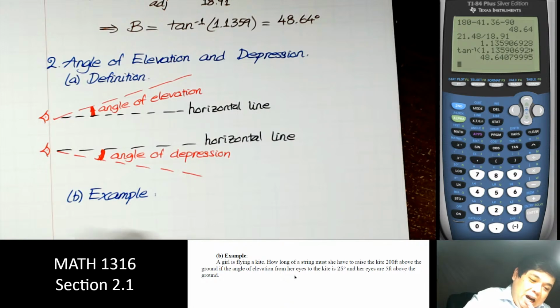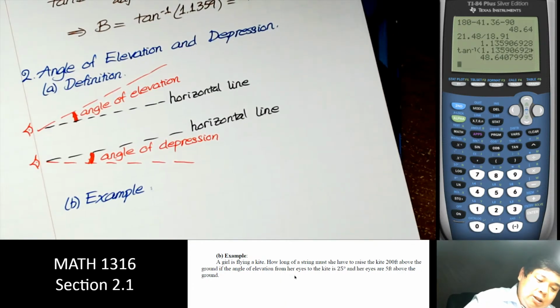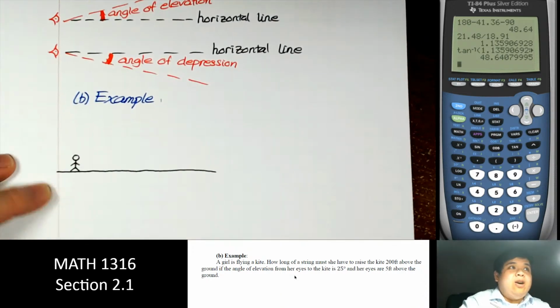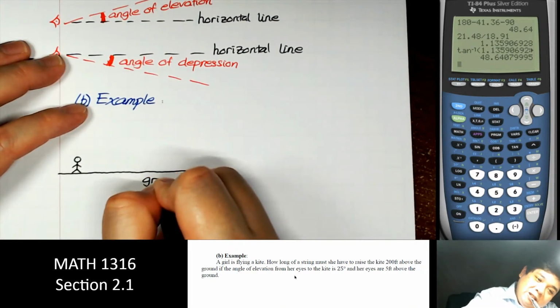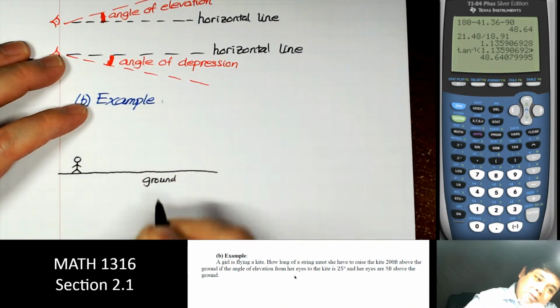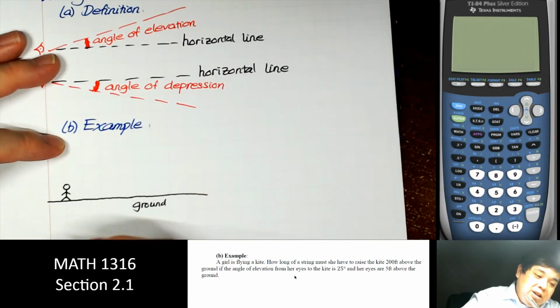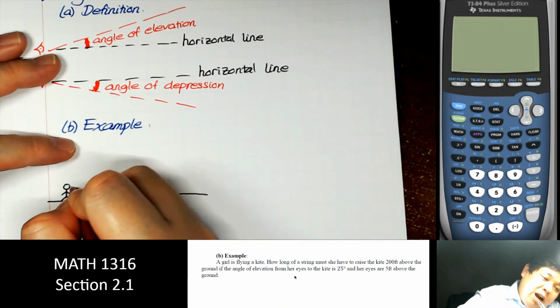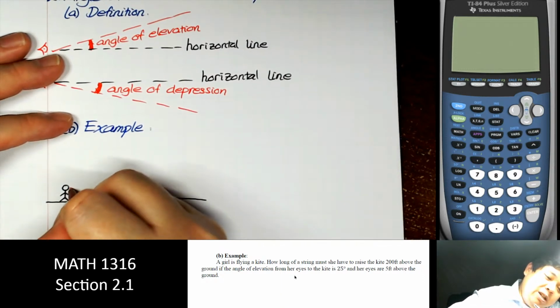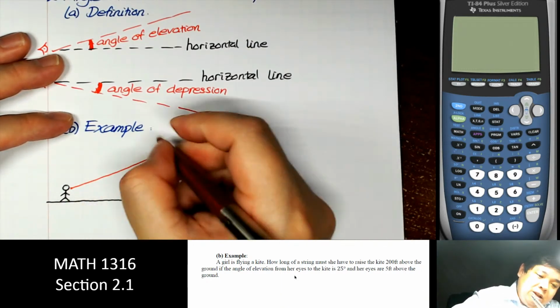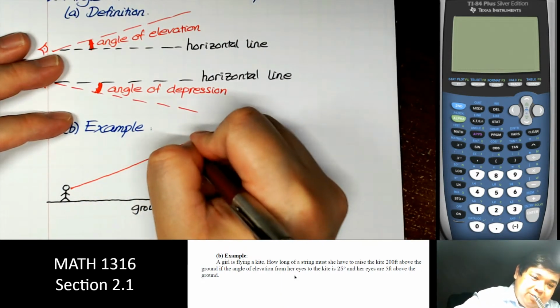So first of all, let's see, I'll just draw a person here on the ground level. And the kite from her eye level will be somewhere up here.